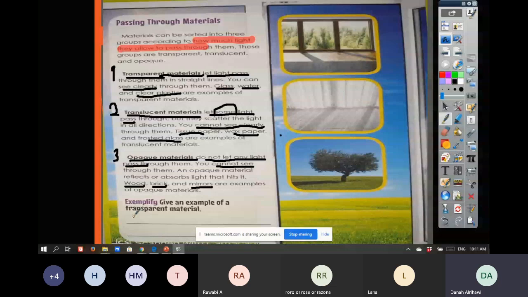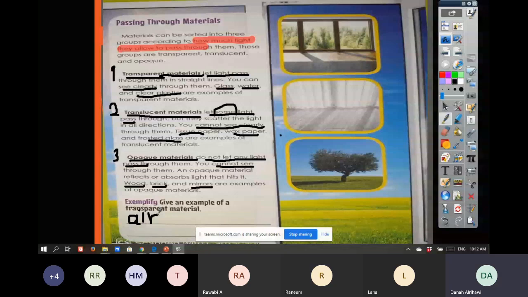The light on your screen passes through which material?